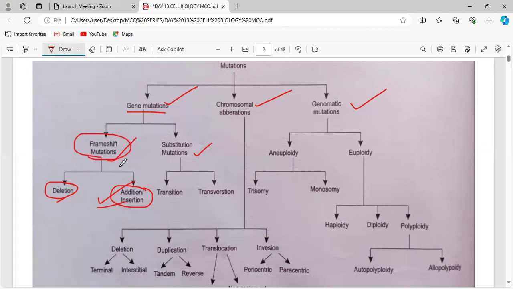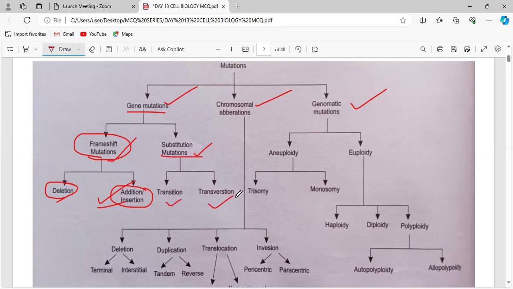So deletion and insertion come under frame shift mutation. Why? Because with a deletion or an insertion, the amount of nucleotides will vary, and the entire frame will get mutated. That is why we call them frame shift mutation. In substitution mutation, we have transition and transversion.